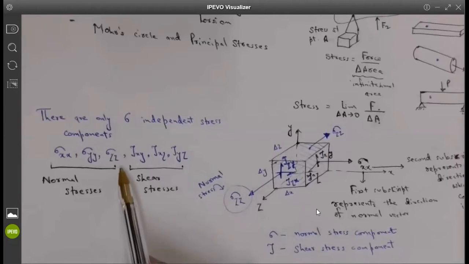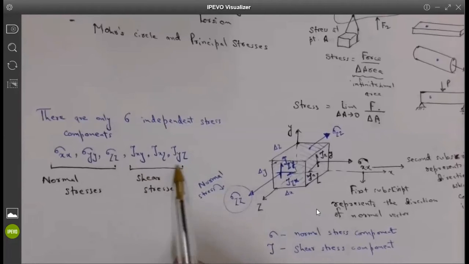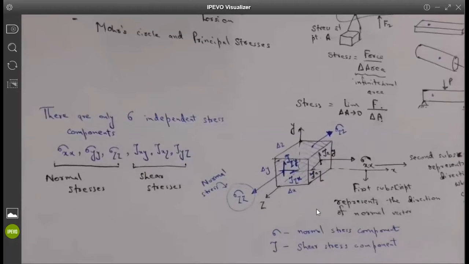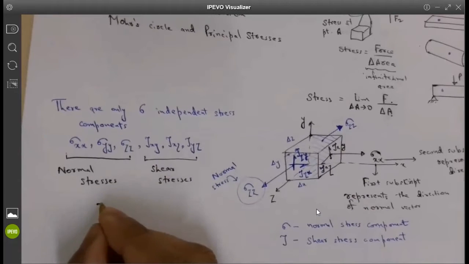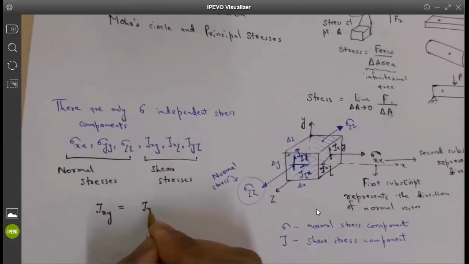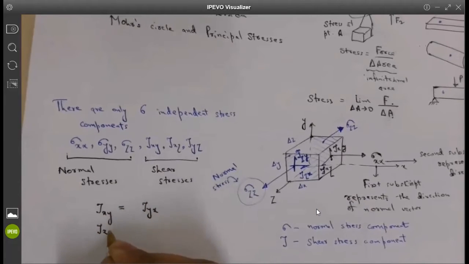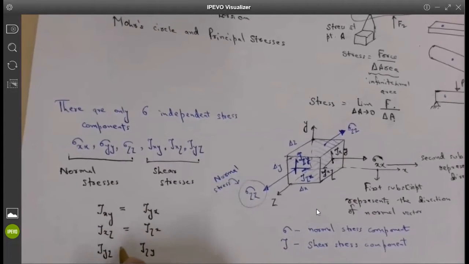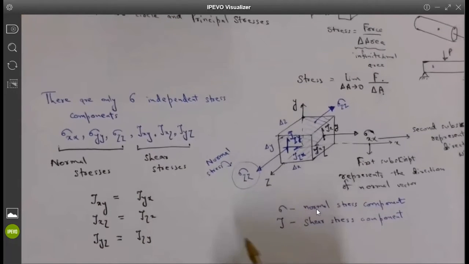Then we have to understand how we get only 3 shear stress components, even though there is tau XY, tau XZ, and so there seem to be so many. Let me write down how many you can see. Tau XY and tau YX will be equal. Tau XZ and tau ZX, tau YZ and tau ZY will also be equal in magnitude, and they mean the same thing.